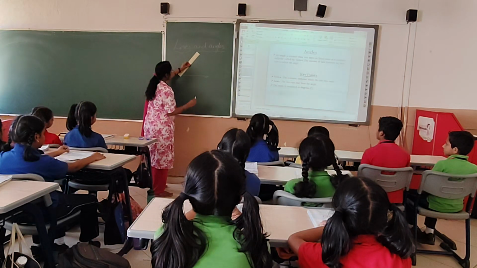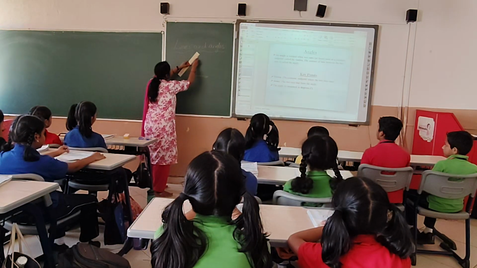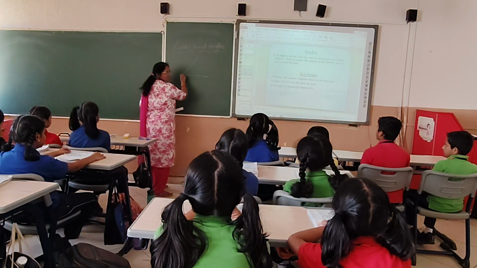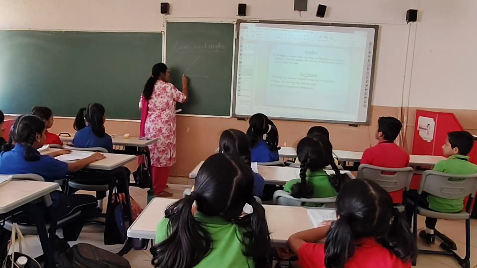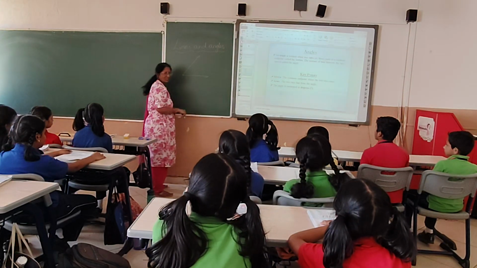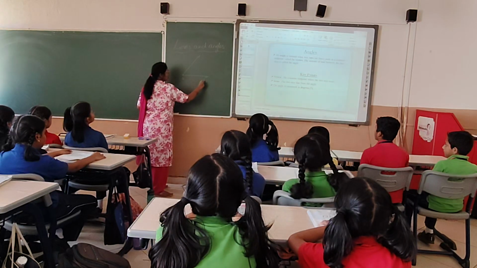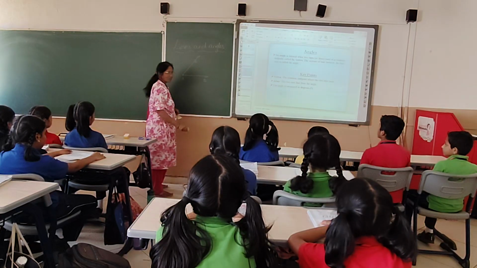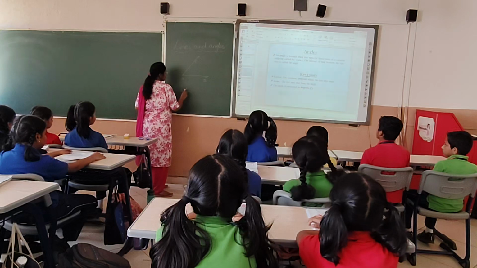I am not measuring, I am just showing how an angle looks. Now what did I do? I have joined 2 rays at a common point. I name it A, B, and this is C.